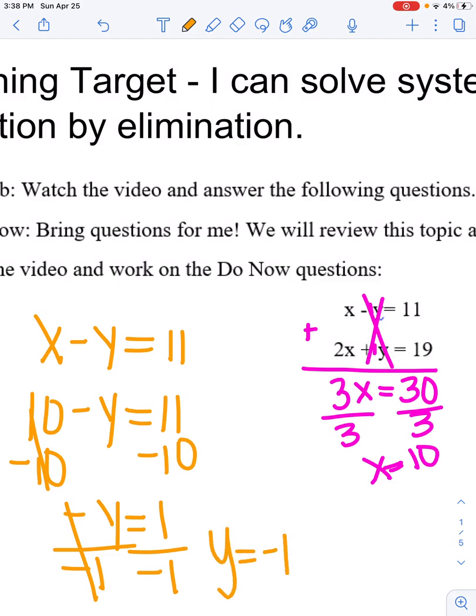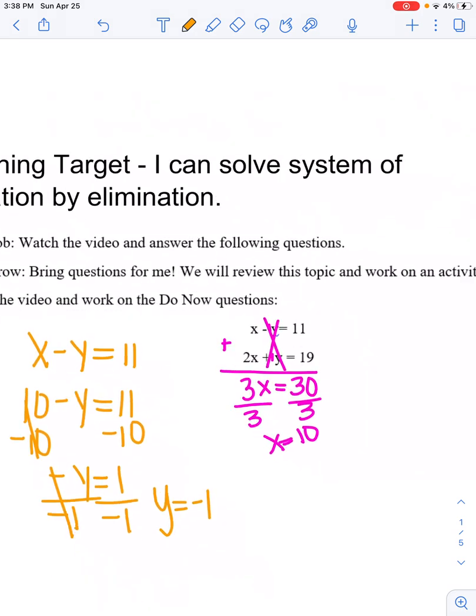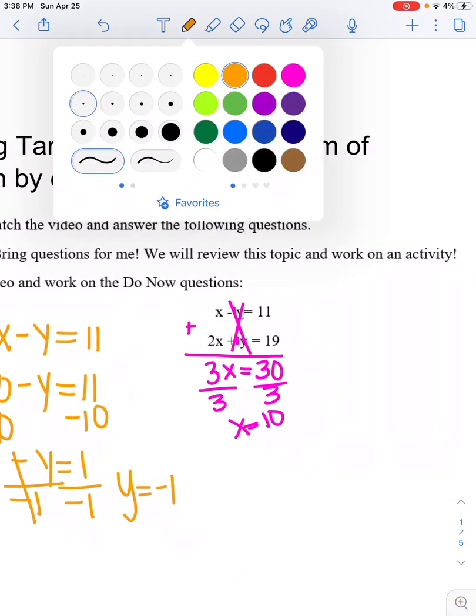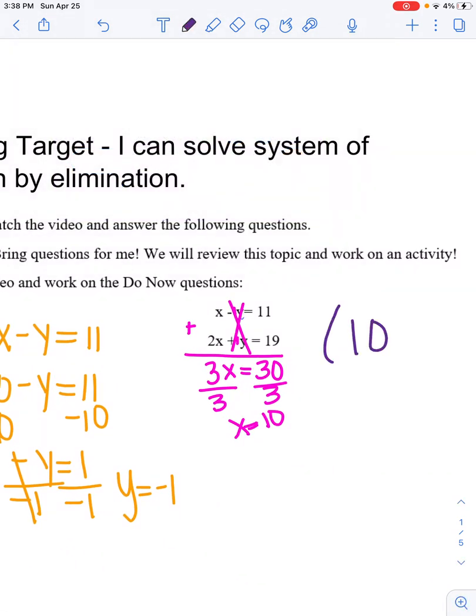Okay, so what did I do here? I plugged in 10, I subtracted 10 on both sides, I got negative y equals 1. I realized that y still wasn't by itself, it has a negative in front, so I divided by negative 1 and I got y equals negative 1. Okay, so right now my solution set is 10 comma negative 1.